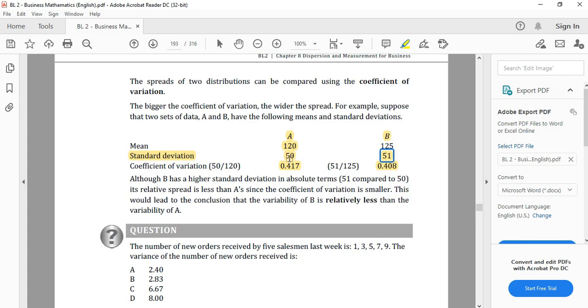So when comparing, this is 51, this is 50. It means there's a better spread of data in A because it has a lower standard deviation. It is less deviated from the average. But if you look at the coefficients, A's data has a higher coefficient than B's data. But what is the decision making rule in coefficient of variation?